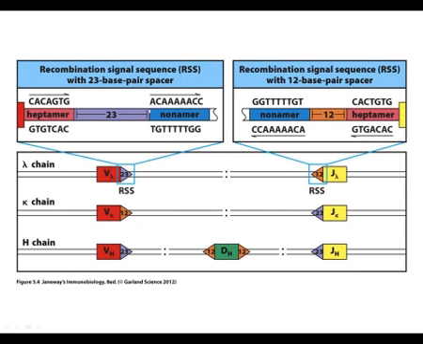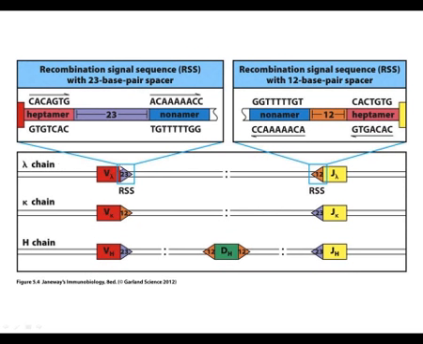And then it has a nonamer, ACAAAACC. So this all together is called the RSS, the recombination signal sequence.